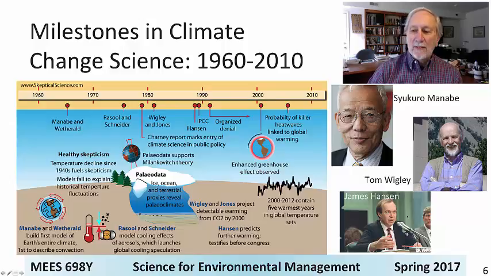Interestingly, all three of these individuals worked in government agencies or government-sponsored laboratories, and they helped us understand the changes that were going on and likely to go on as this increase in greenhouse gases from human activities progressed.